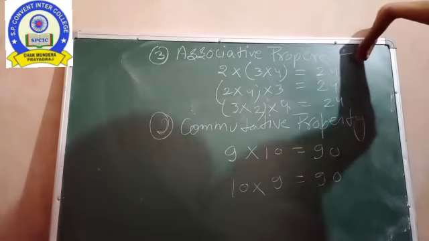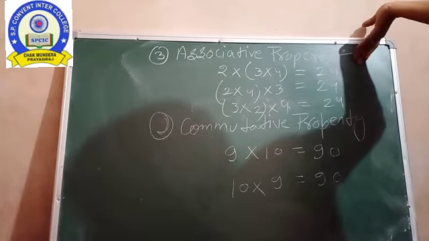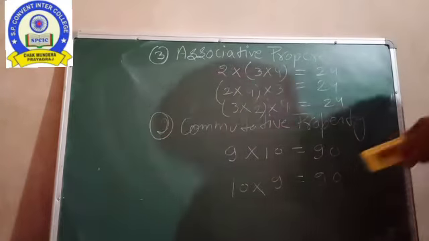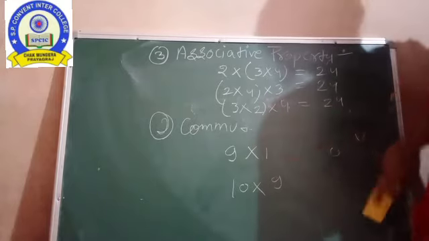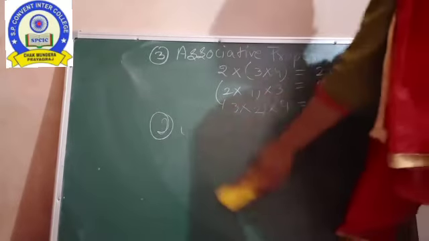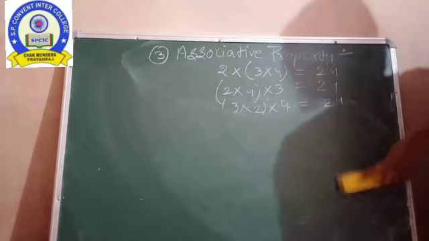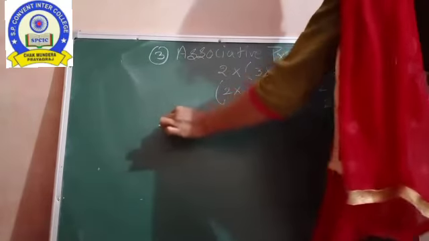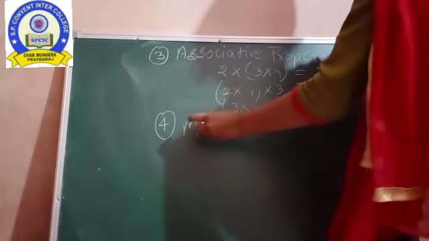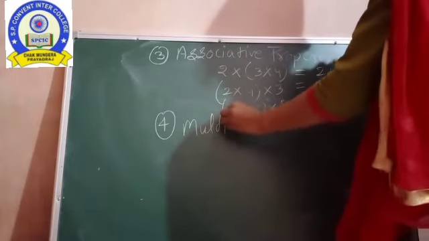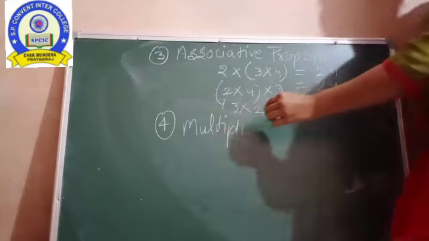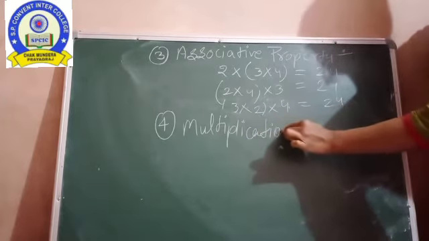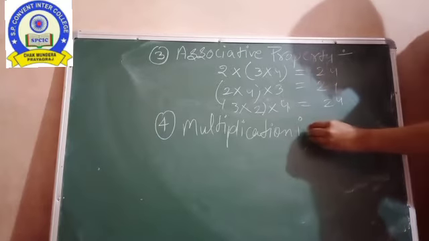Now the fourth property, multiplication identity.